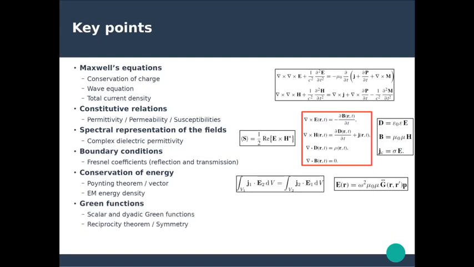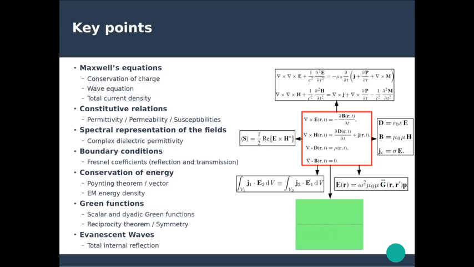And we discussed extensively this Green function formalism, introducing both the scalar and the dyadic Green functions, and the reciprocity theorem and its implication on the symmetry of the Green function. So this is something we're going to be using extensively throughout the course when talking about optical interactions. And finally, we introduced the concept of evanescent waves that also form at an interface in the case of total internal reflection when we are near or above the critical angle.